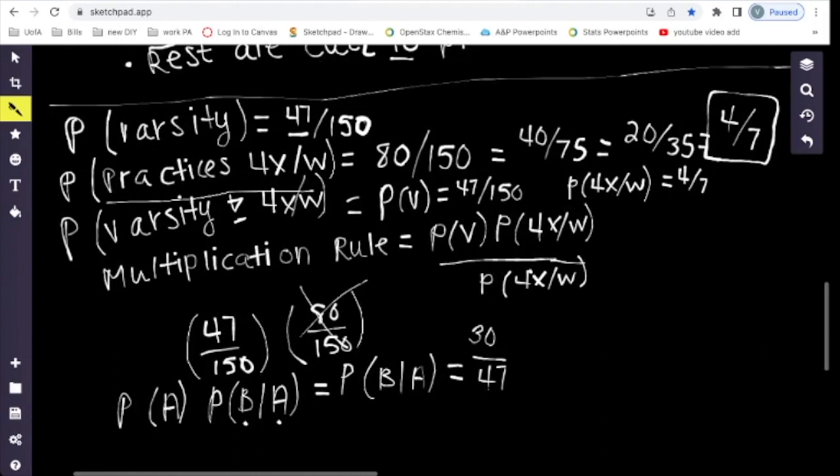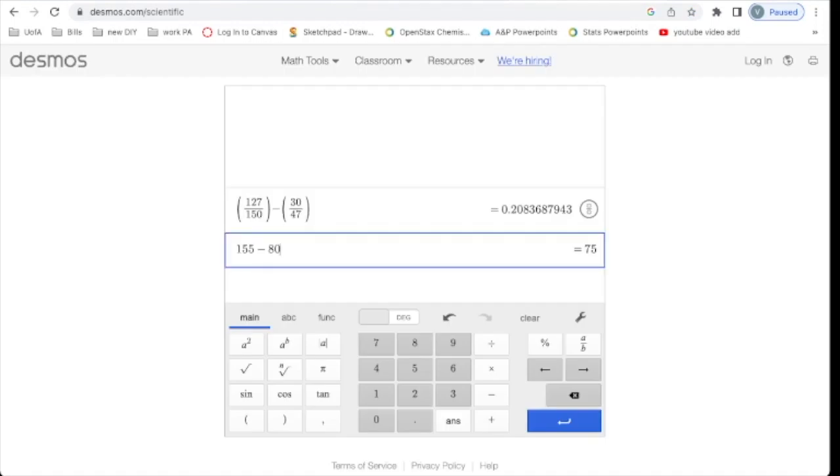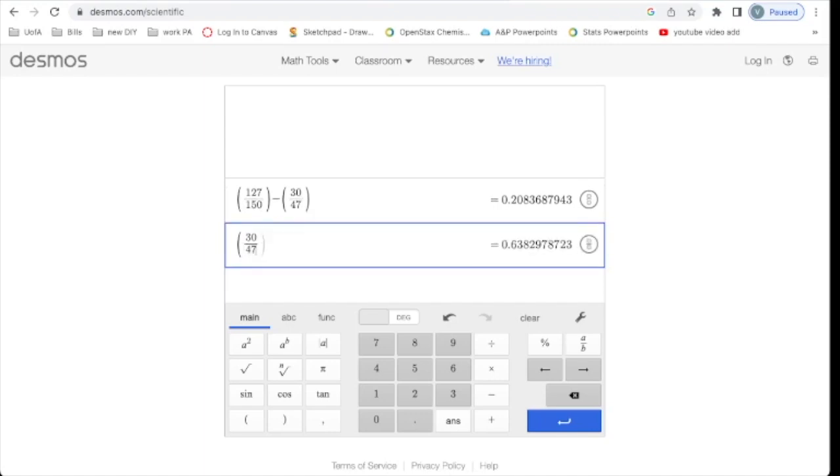So to get this answer, we can also use the probability of B given A times the probability of A. All right, now we're going to go to our calculator. 30 over 47 times, what was our subset?